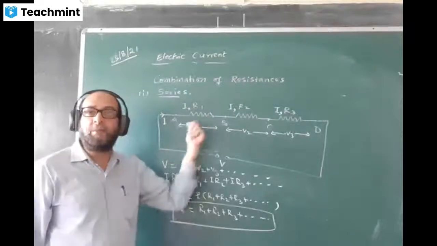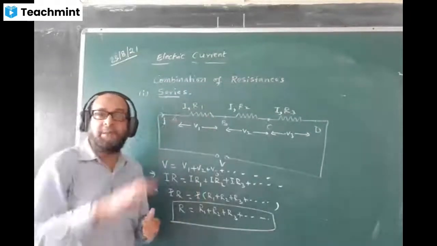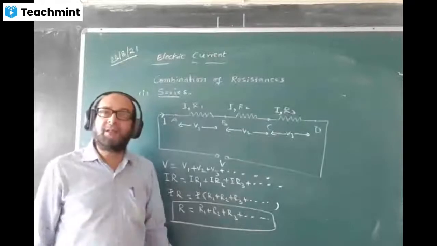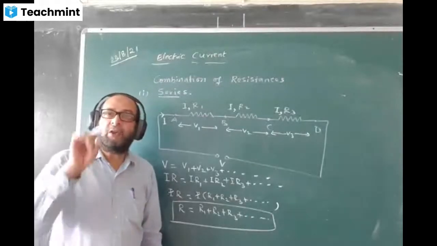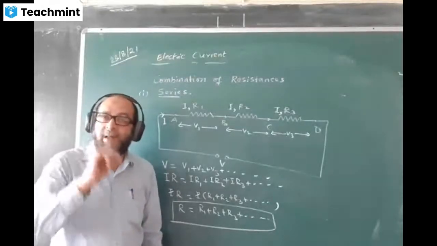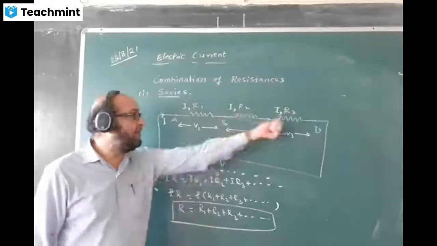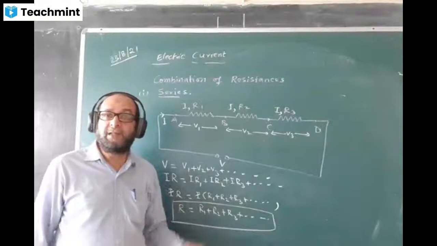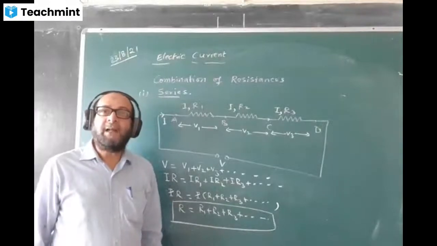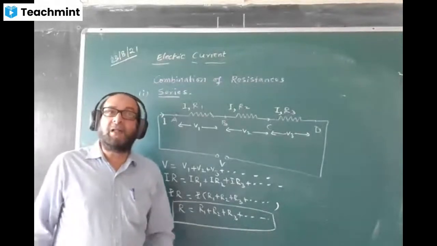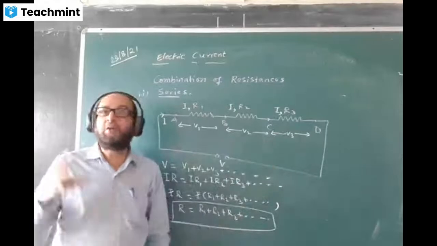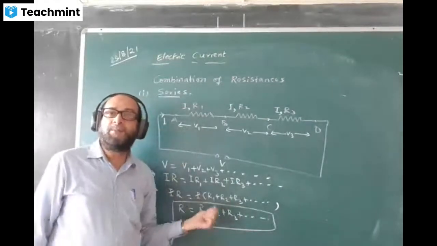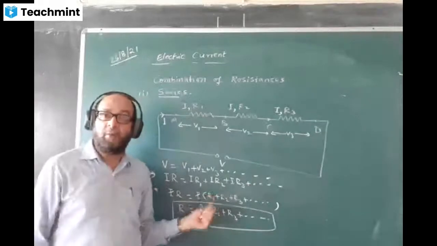When you put all of them in series, what is the total answer coming? 1 plus 2 plus 3, the total answer is 6. Is your answer greater than the greatest of them, which was 3 ohm? Yes, your answer is even more than that value. That means in series combination, the total resistance increases, because your answer is going to come more than the greatest. The total resistance you are expecting to have a greater value.